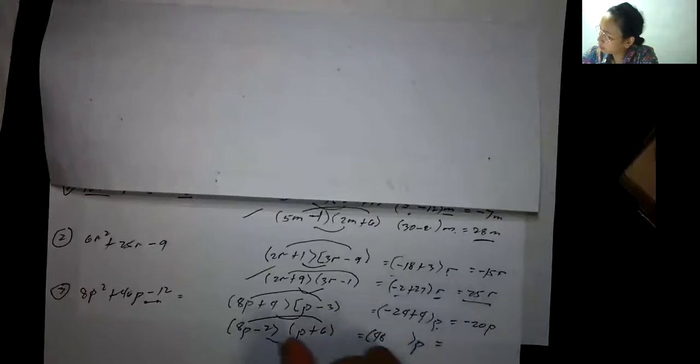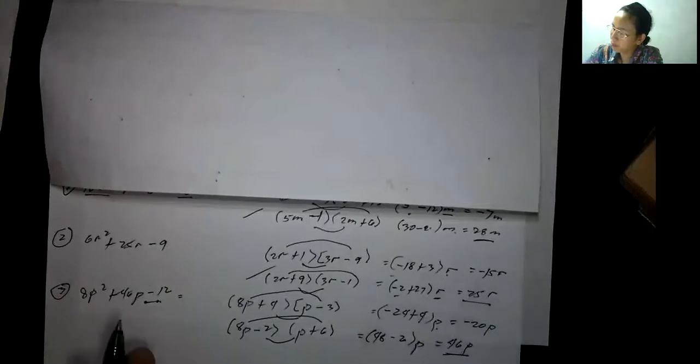And then negative 2 times p is negative 2p. So 48 minus 2 gives us 46p. So which is now correct for the middle term. So the factors of 8p squared plus 46p minus 12 are 8p minus 2, then p plus 6.